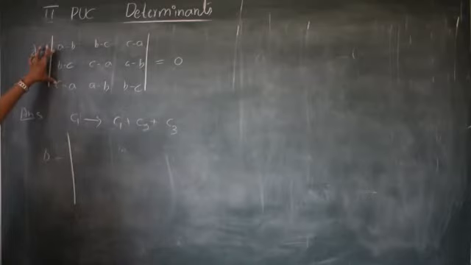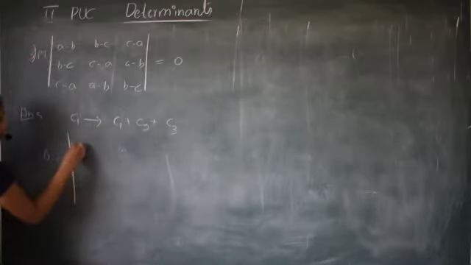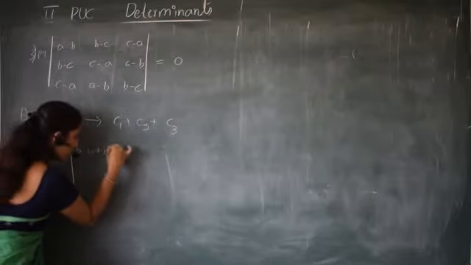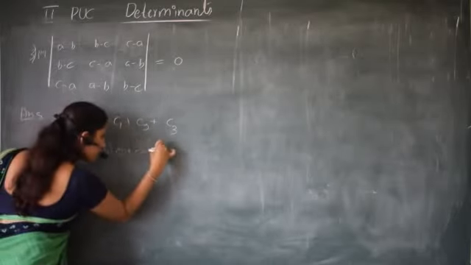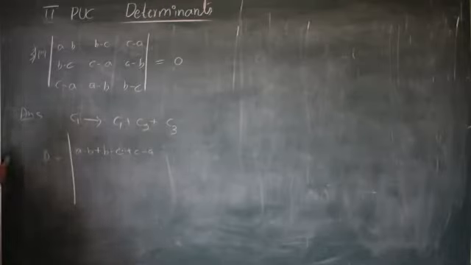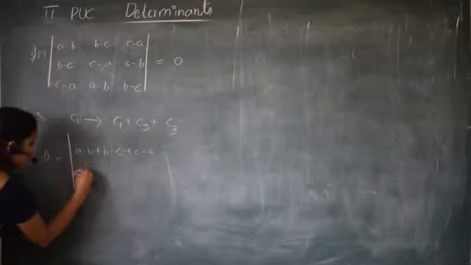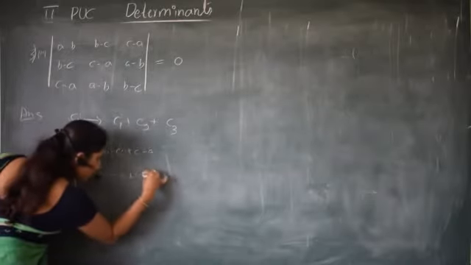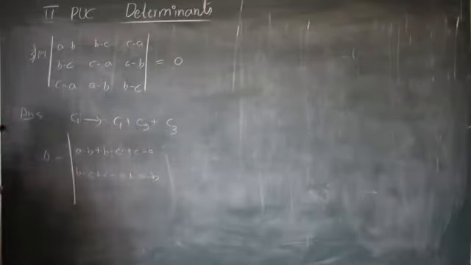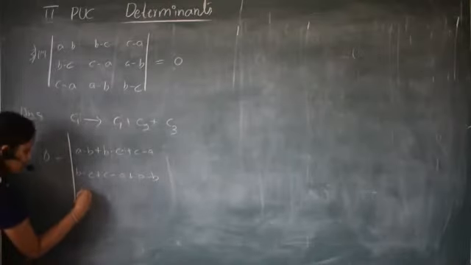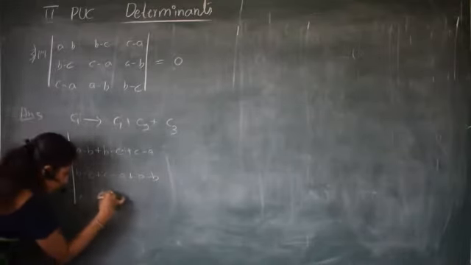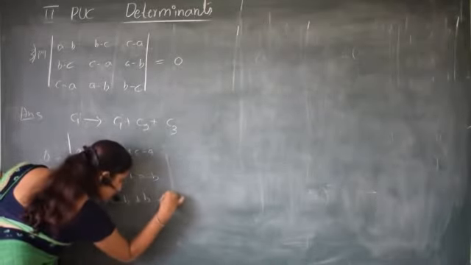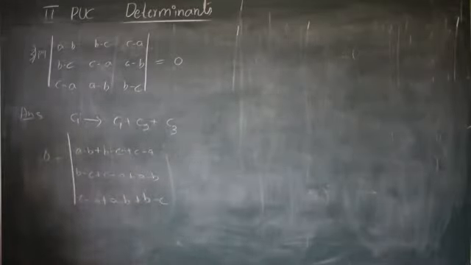The first entry becomes A minus B plus B minus C plus C minus A, then B minus C plus C minus A plus A minus B, then C minus A plus A minus B plus B minus C. This is C1; I have changed C1.